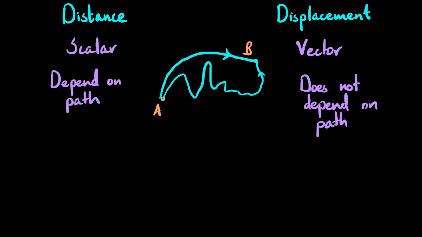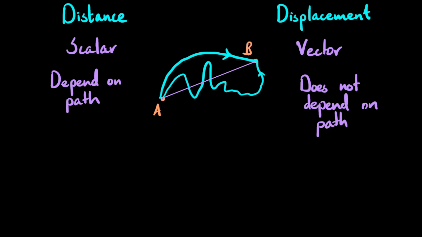But the displacement, we also saw this via an example, is just the shortest distance, and it's always in a straight line. So this purple one is what the displacement would look like, irrespective of the path. It doesn't depend on the path. Whatever path you take between A and B, no matter how you go, as long as you reach B, your displacement would be the same as with any other path.